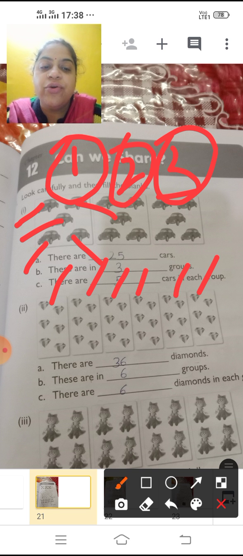And in each group it is 1, 2, 3, 4, 5, 6. So 6 sixes are 36. So there are 36 diamonds. These are in 6 groups and there are 6 diamonds in each group. Understood?